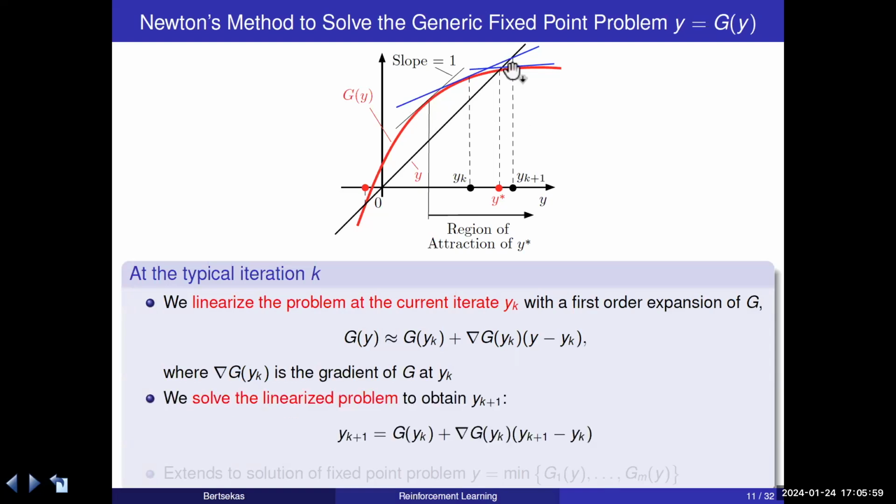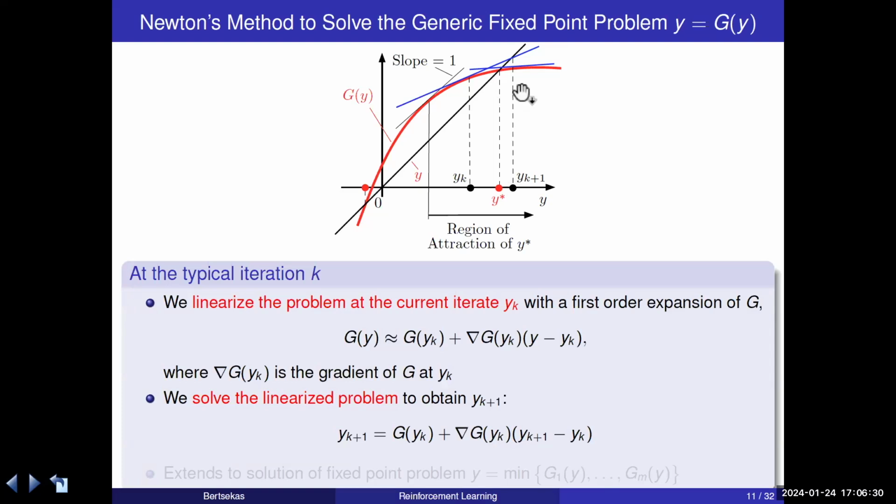And now that we have this linearization, we can look at the linearized problem, which is the problem where G is replaced by its linearization. So the linearized problem is the point where the linearization meets the 45-degree line. It's this. And that's the next iterate of Newton's method. From yk, it generates yk plus 1 by solving the linearized problem instead of the original.